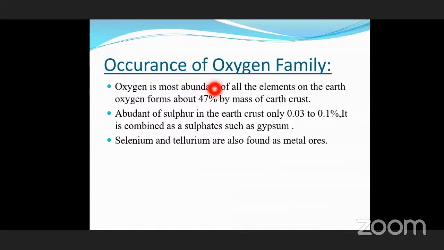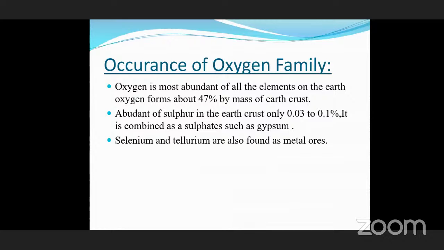As well, the abundance of sulfur in the earth's crust is only 0.03 to 0.1%. Sulfur is combined as sulfate, such as gypsum. That means sulfur is very less abundant in the earth's crust.